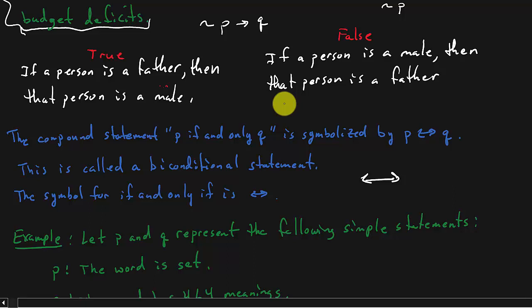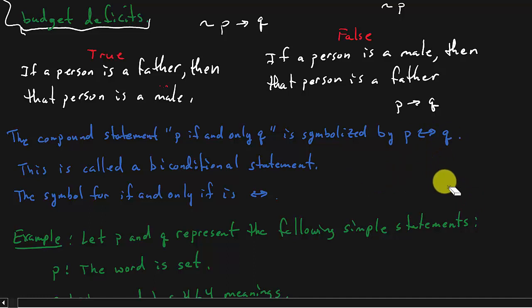So this is your biconditional statement, P, and then the symbol, Q. What that means is you can read it as: if P, then Q; if Q, then P. Remember when we had if P, then Q, and all we're doing here is reading it back the other way too: if Q, then P.